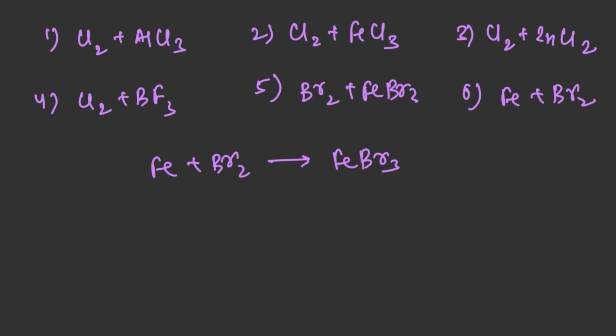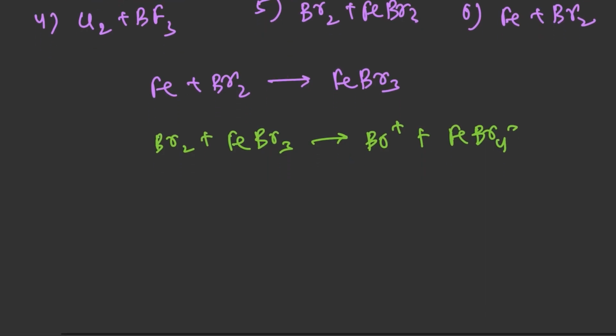And when Br2 reacts with FeBr3, the Br will donate its electron and will form Br plus and FeBr4 minus. Now there are more methods. Seventh, we have HOCl, which gives OH minus plus Cl plus.